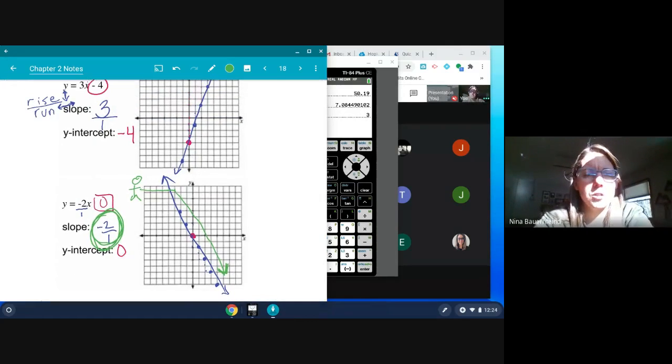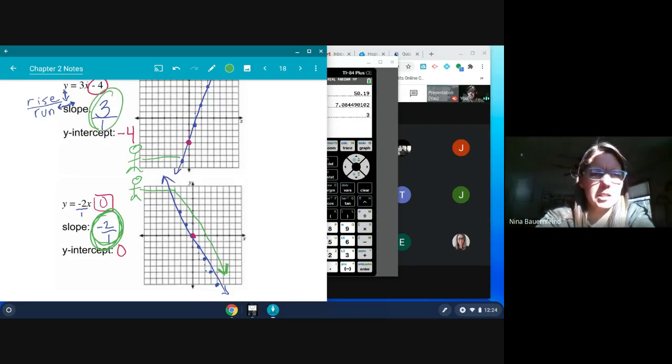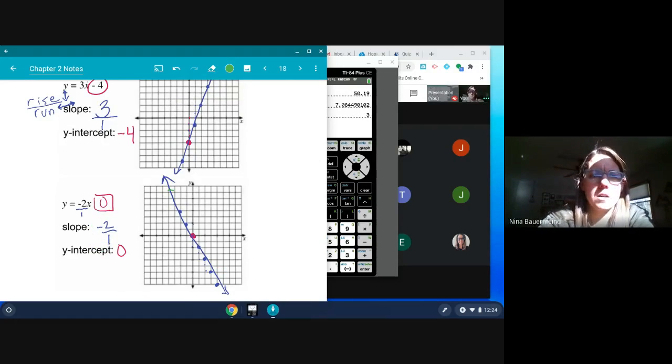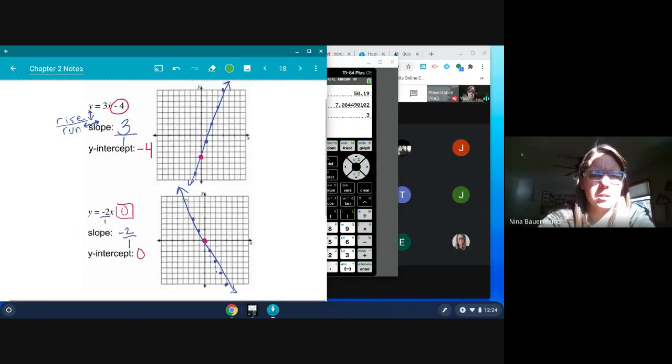Up here, if we draw a little person and they hit the graph, they're going to go uphill, which makes sense because this is positive. I'll zoom out here so you guys can take a picture.